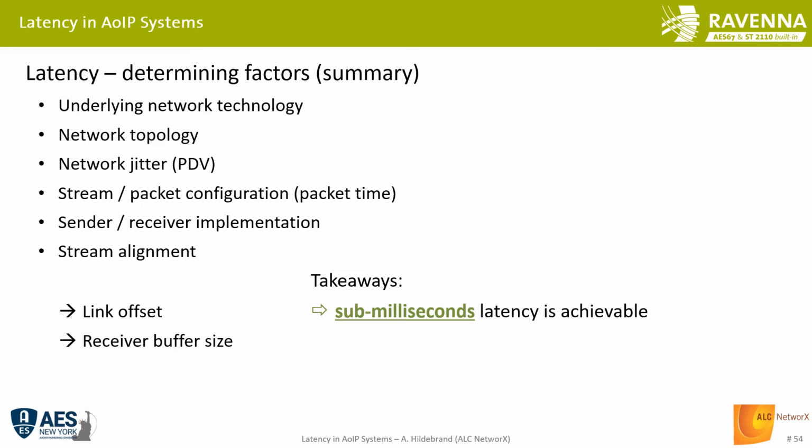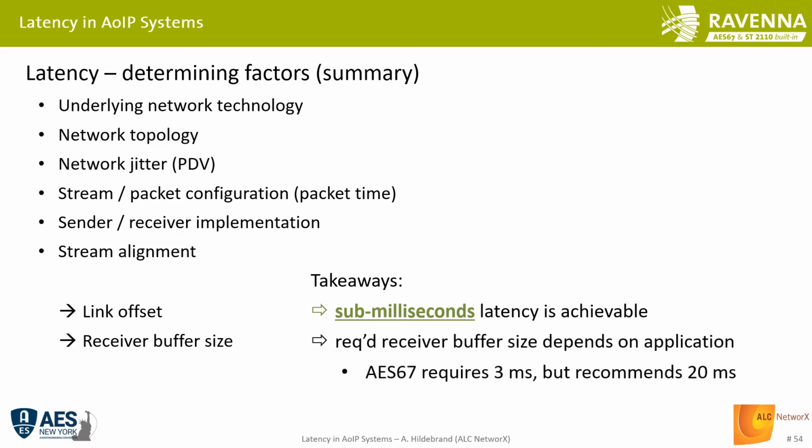But if you use large corporate networks with larger packet times and even wide area network transfers in between, we have to deal with the resulting latencies coming from all these different factors, and set a suitable link offset, which also requires that the receiver most likely has a suitable receiver buffer size to cope with the network jitter being experienced.